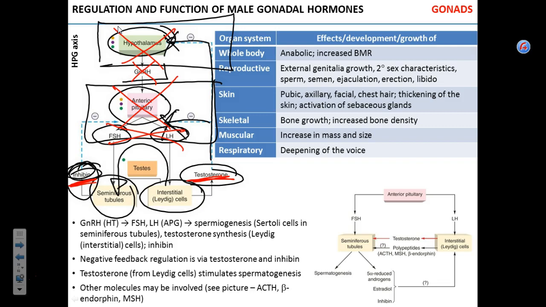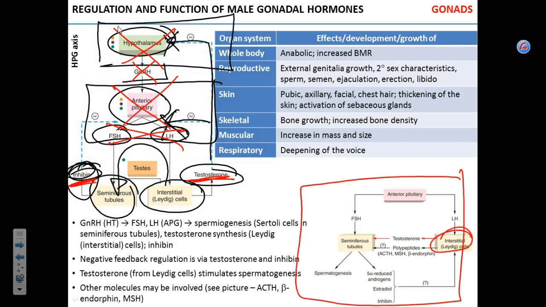Now, there are many molecules that can be involved, and by the way, in the right bottom corner, you can see that Leydig cells that produce testosterone act on the seminiferous tubules to promote spermatogenesis. But there may be more than that. There are probably other hormones involved.